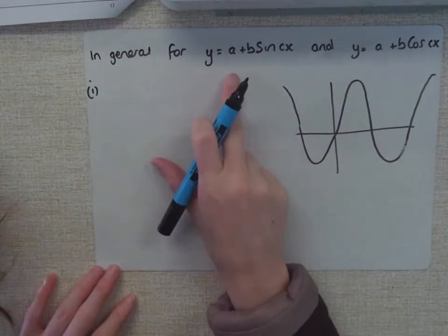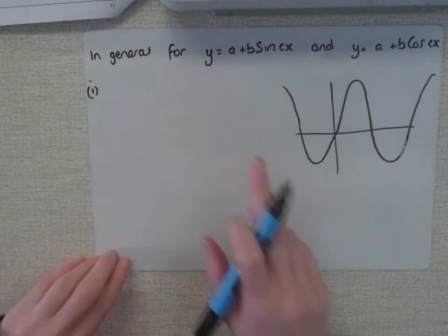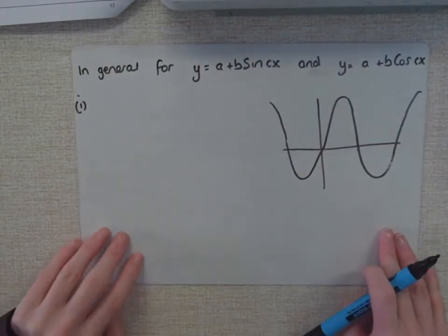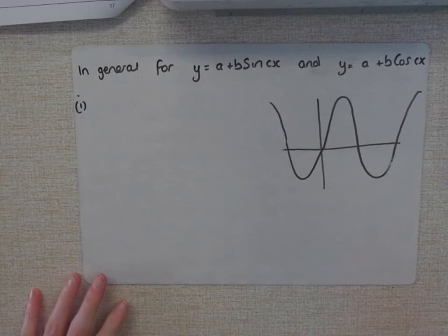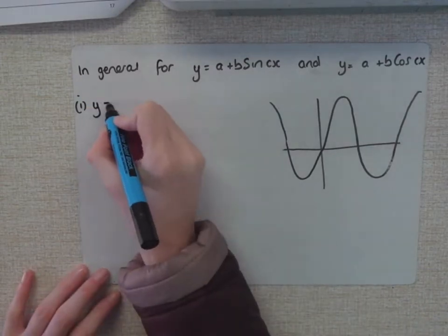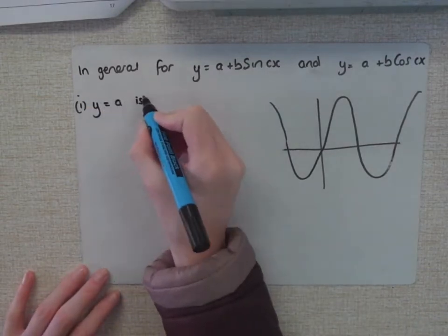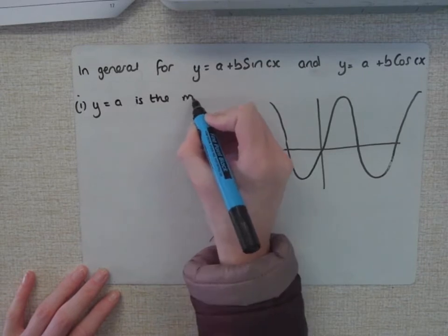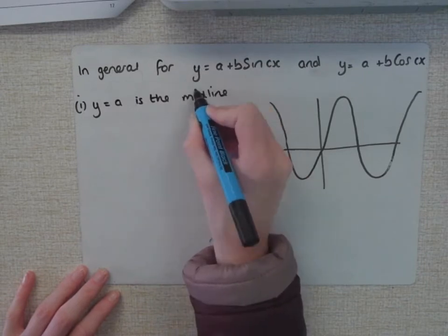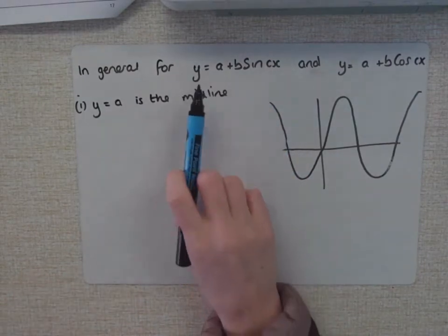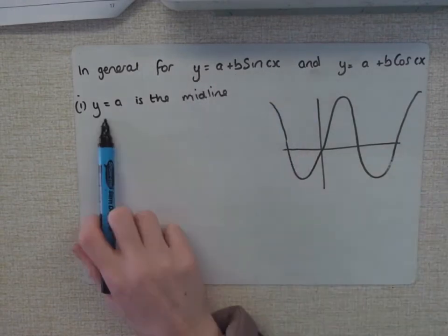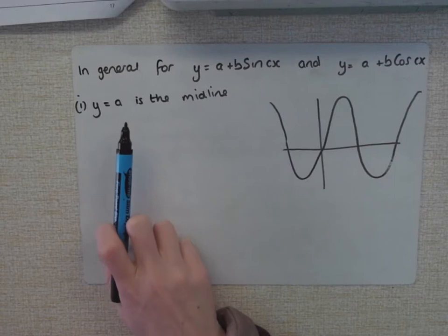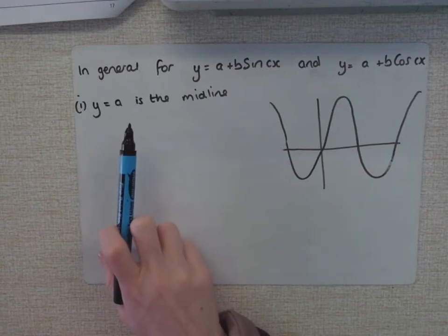So I'm working with these numbers. I've got constants here, a, b, and c. If you have y equals a plus b sine c of x, y equals a is the midline.